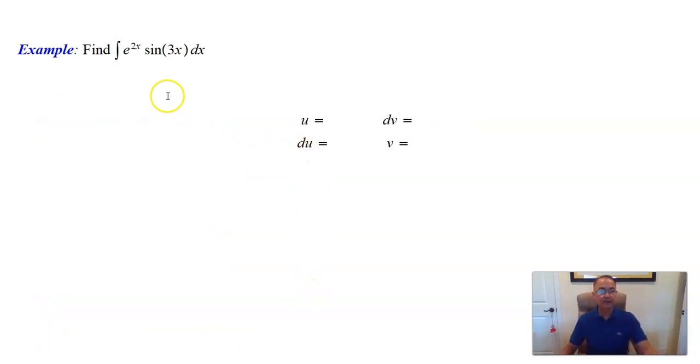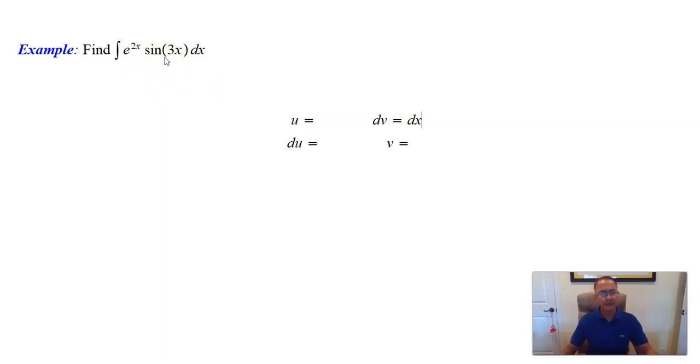Fourth example, we want the antiderivative for e to the 2x sine of 3x dx. And once again, our dx should go with a dv, and we have two factors to choose from. Earlier, we put e to the minus 5x with the dx, and we had x squared. But we have sine of 3x here.